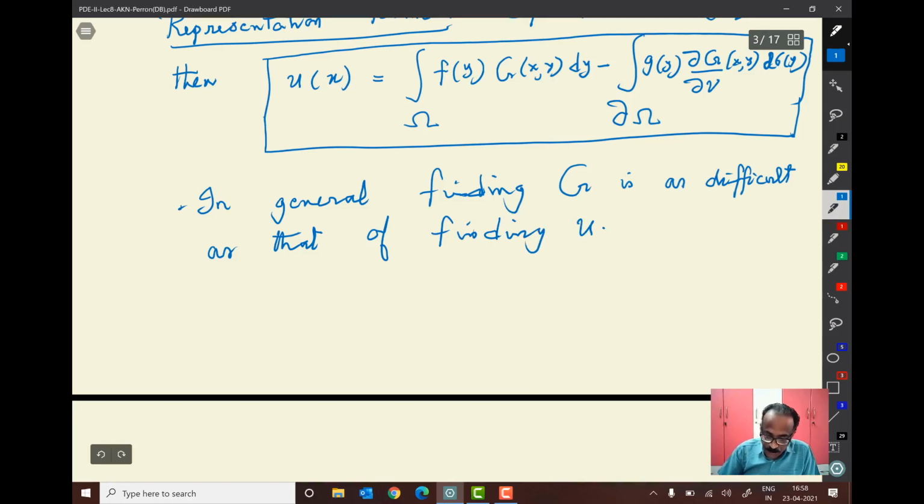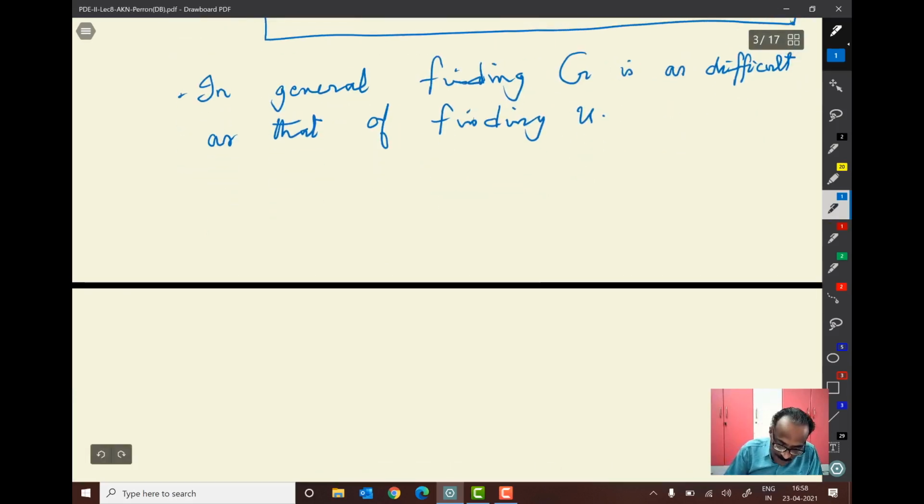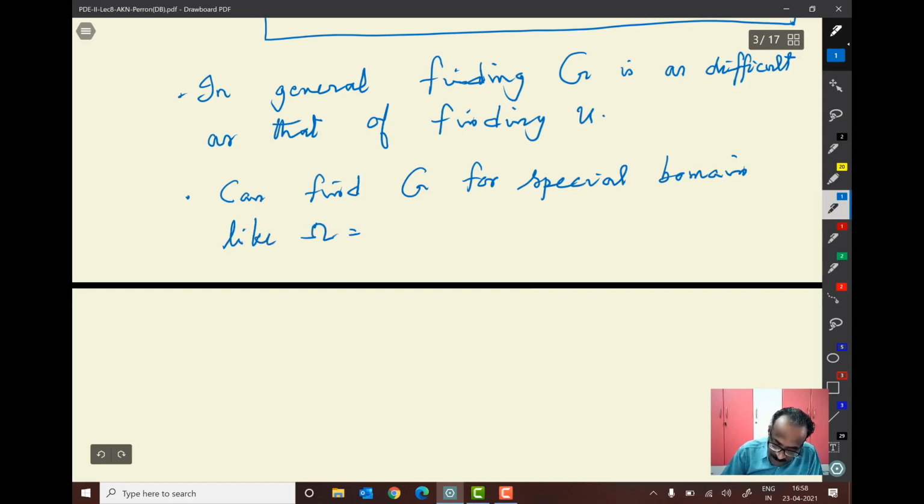Why did we introduce G? But we can find G for special domains. That's the thing. We can find G for special domains, like a ball, like the upper half plane, like omega equal to the upper half plane R^n plus, or omega equal to a ball, in fact a ball of any radius.